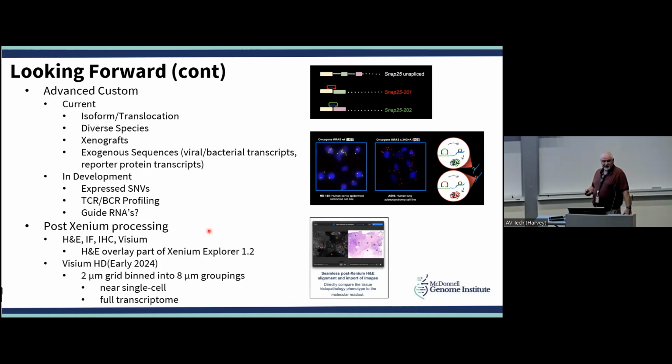So some advanced custom. Currently they have available isoform or translocation, so you can design custom probes. Here's an example in the top right corner. You see the transcript at the top, and then you see the little red padlock. So they use a padlock technology.